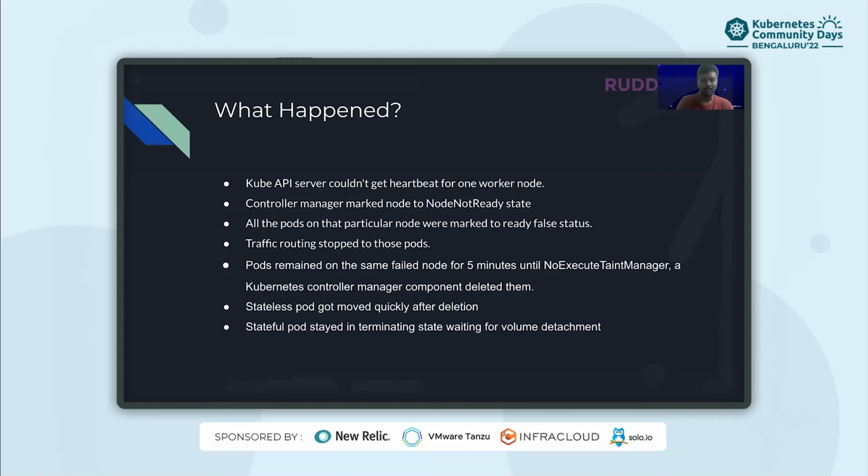But since the network is down, traffic is actually not reaching the pods. After the Ready equal to false status, Kubernetes actively stops routing traffic to those pods. So if you have a service that's connected to 3 pods and one of the pods goes to a Ready false state, that's a good thing, because traffic is routed to the other 2 pods and there isn't any downtime.